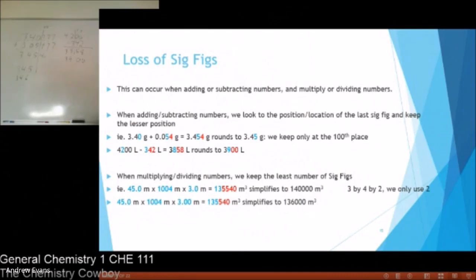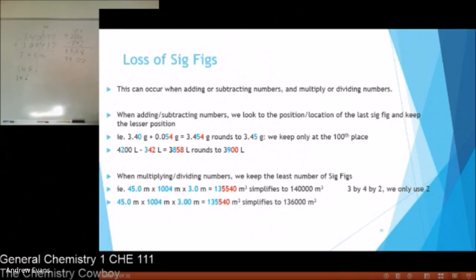Now, multiplication and division are a little bit easier in a way, but still a little bit harder. When you do these, instead of caring about the places in your multiplication and division, you care about the sheer number of significant figures. So the more sig figs a number has, the more sig figs you can keep.